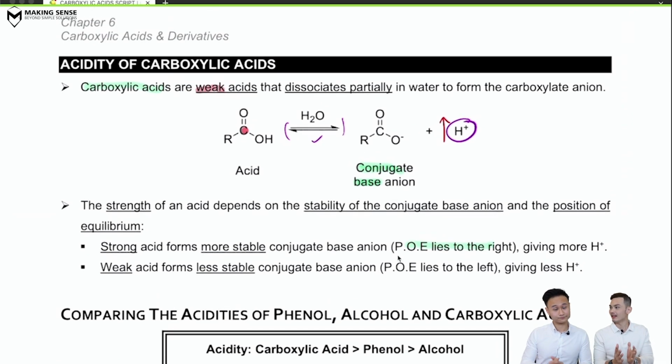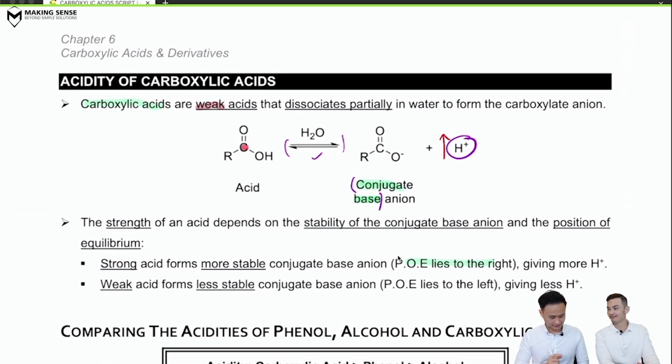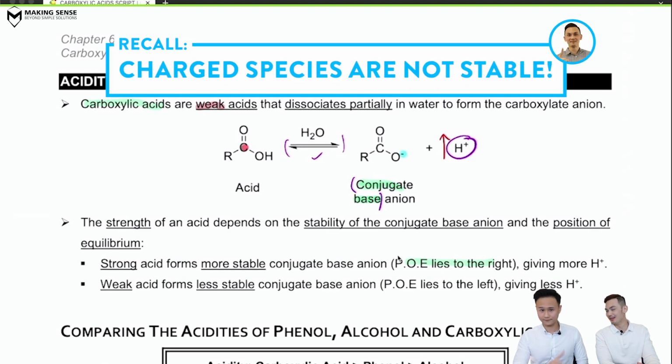Okay. And what affects that? Why does certain equilibrium lie more towards the right-hand side? Well, if I want my POE to lie towards the right, then I need to find a way to make sure that my conjugate base is more stable, right? Now here's the thing, Mr. William. If you look at this conjugate base, I see a negative charge there. Are charged species ever stable? Anything that's charged is never going to be stable.